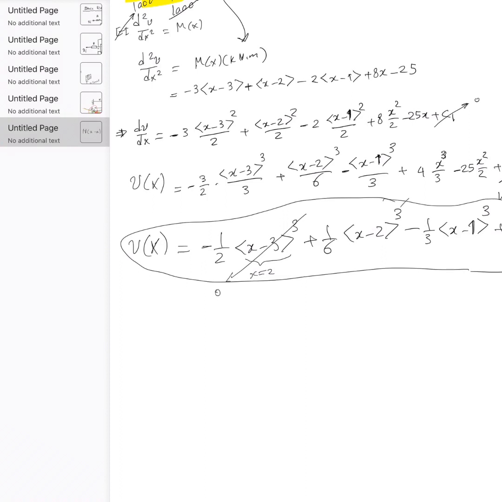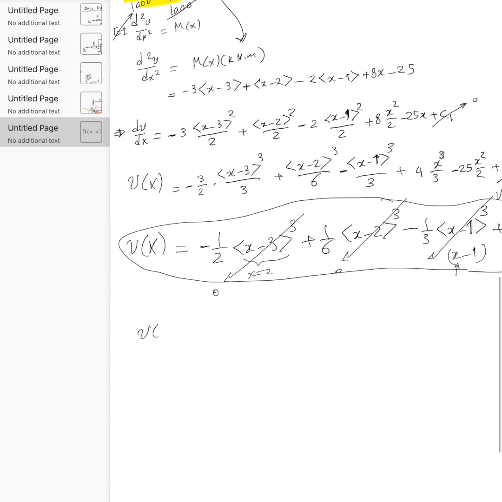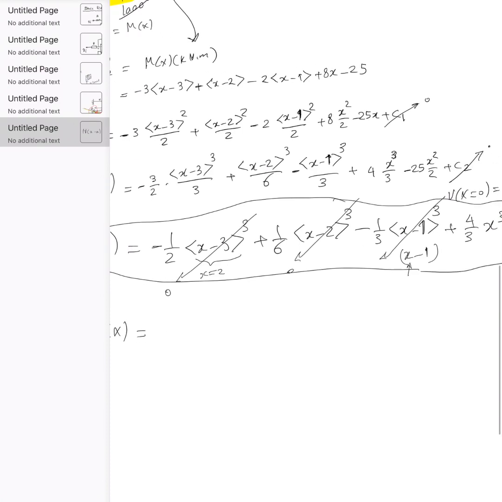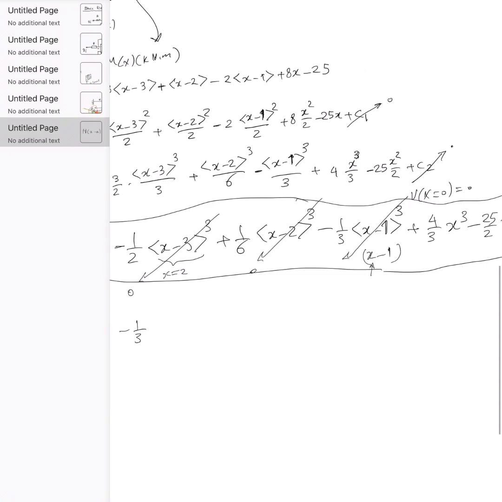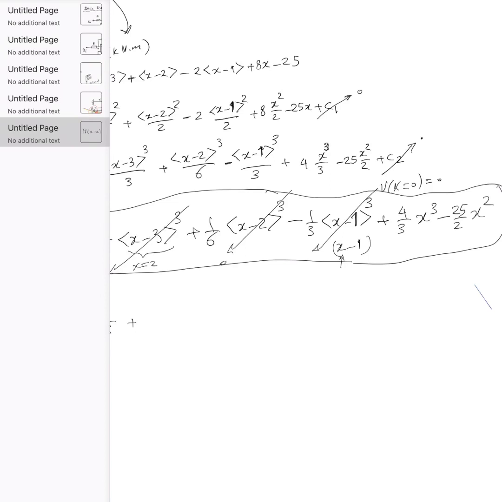What about this? This is also 0. What about this? This becomes parentheses x minus 1, because x equals 2 is greater than 1, right? So if you put 2 here, 2 minus 1, it becomes 1. So your deflection there is negative 1/3, plus, what about this guy right here? Put 2 right here.